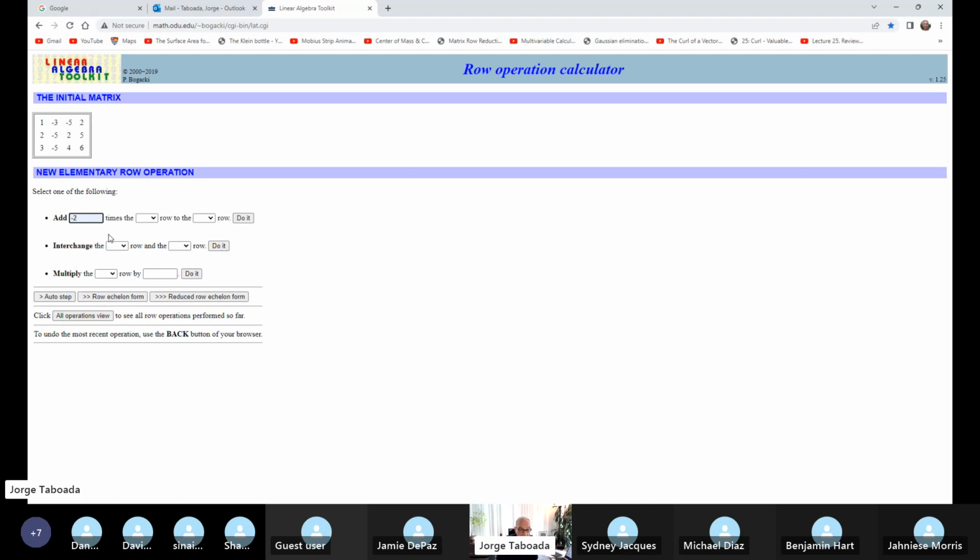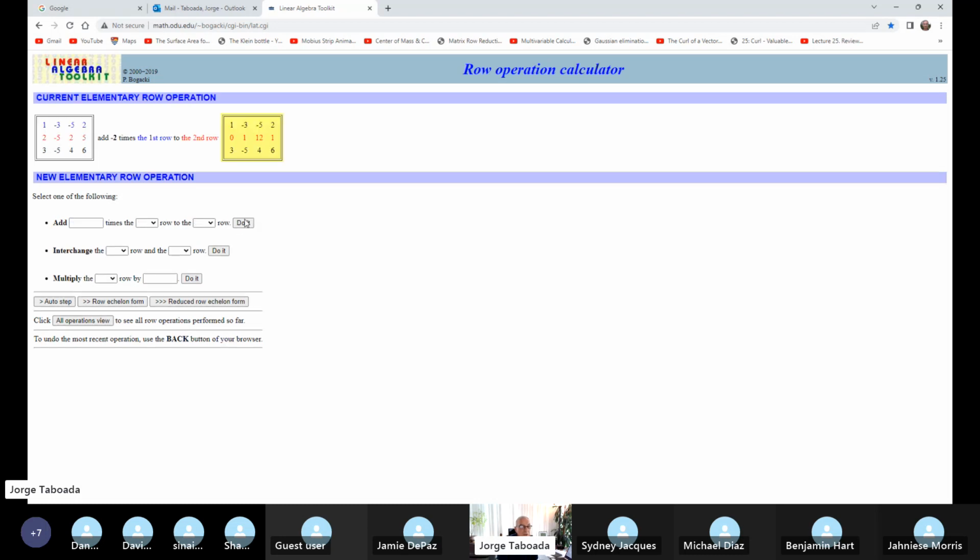Entonces you declare what is the pivot row, the row 1, the first. And what is the storage row, row 2. And you do it. Press do it. Bam. And you see in yellow color our new matrix. Okay, in yellow color you see after the first row operation. Okay, and you continue.